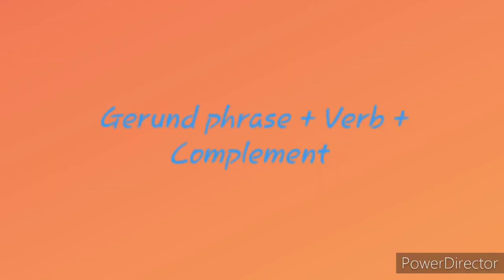So in order for us to look at the structure of a gerund in this type of rule, we're going to use a gerund phrase plus a verb and then a complement, as you can see here. Good. So what am I talking about, or what do I mean when I say gerund phrase?